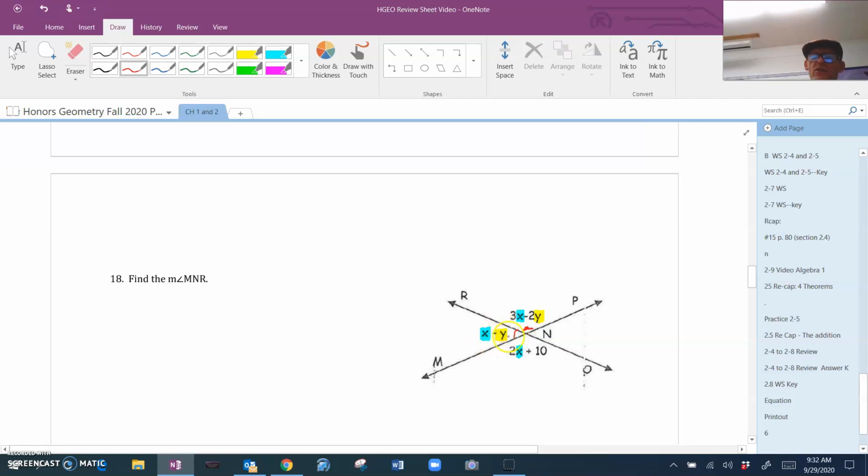So I can add these two expressions together to get 180 degrees. So I'll do that. Okay, so I'm going to get 3x minus 2y plus x minus y equals 180.